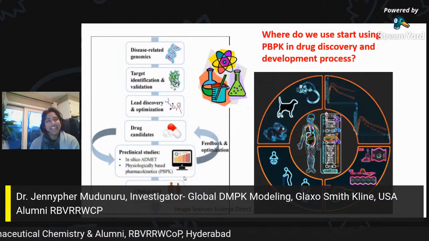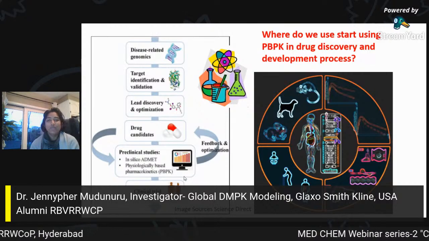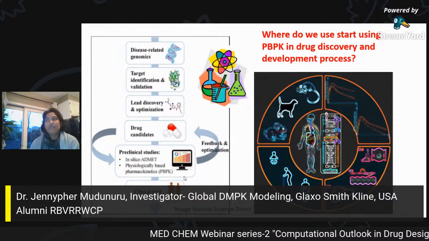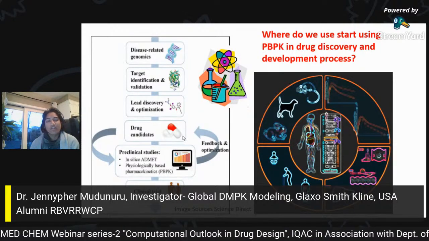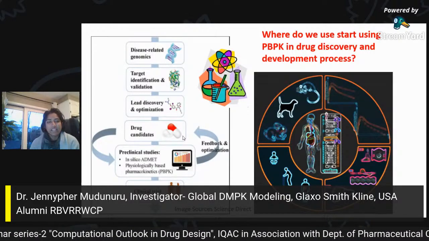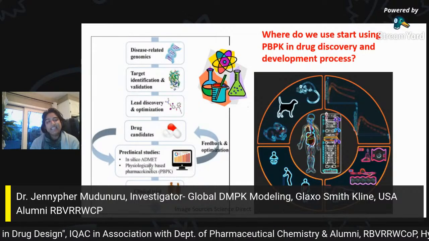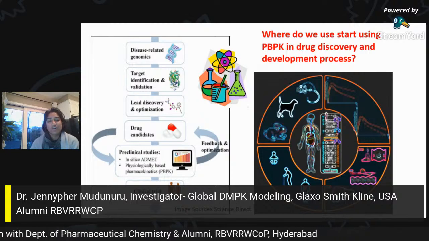You can create an animal physiology in the computer, and then run predictions to see what the pharmacokinetics of the compound might be, or what the toxicity levels or the dose might be, depending on the application.